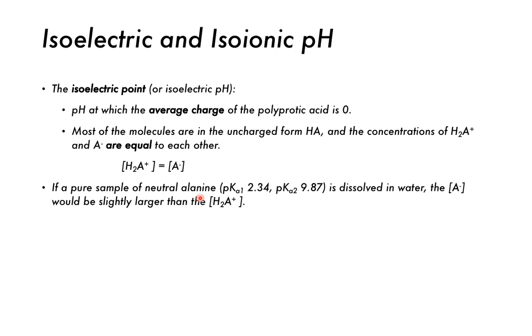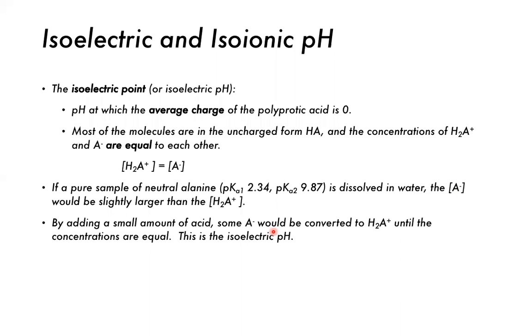If a pure sample of neutral alanine, where the pKa values are 2.34 and 9.87, is dissolved in water, the A- concentration would be slightly larger than the H2A plus concentration.